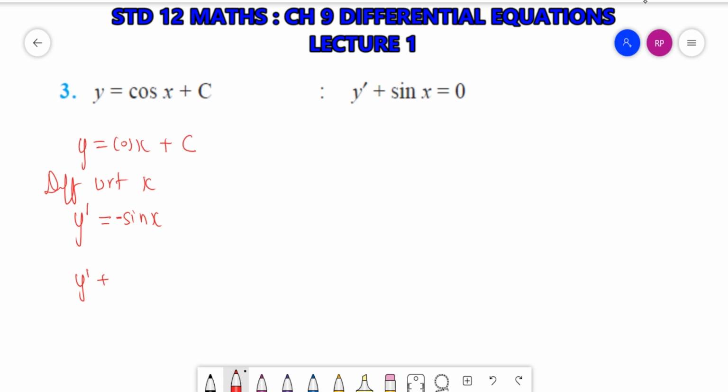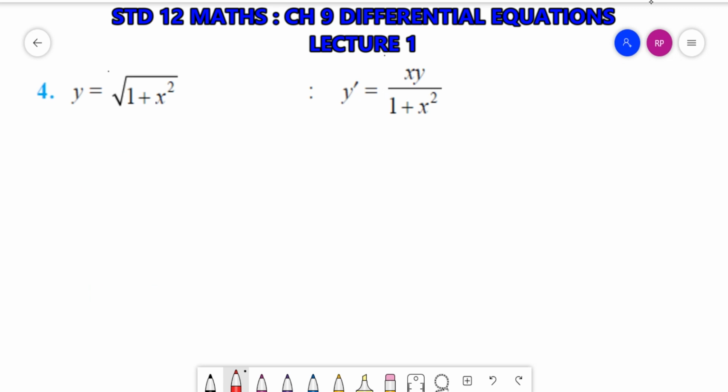So y dash plus sin x equal to 0. So hence we have proved. This was about question number 3. Just note it down. Now let's move to question number 4.